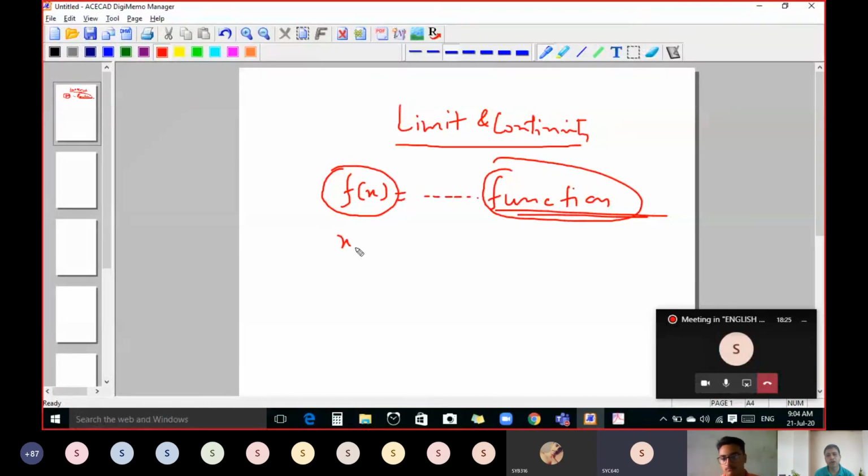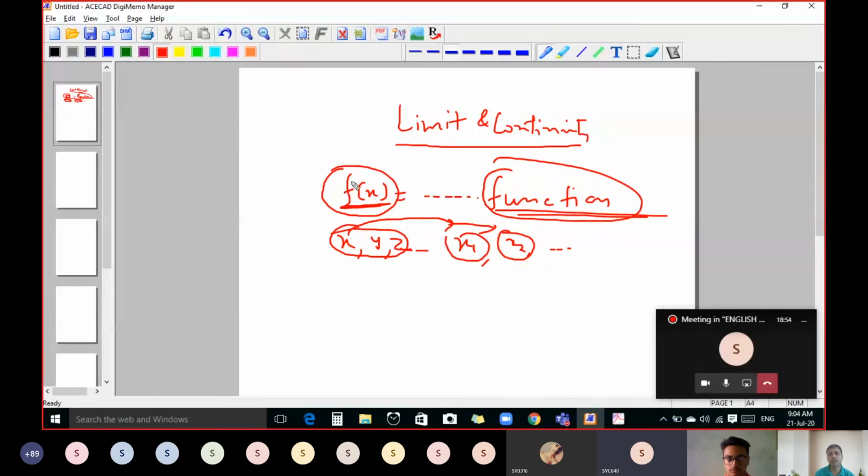Variables are normally denoted by x, y, z, or x1, x2, x3. These are, either you can consider this as variable, or you can say that they are the observations of variable. That is also possible. So what is function? Once again, function is nothing but the relationship among the variables.